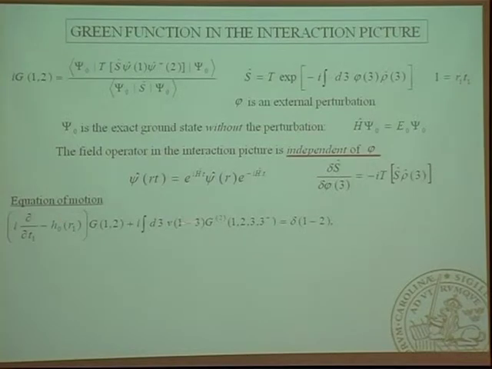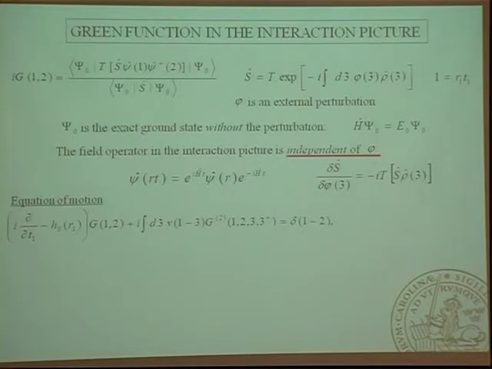And in doing so, one finds that the Coulomb interaction, which consists of four field operators, will generate two-particle Green's functions. And as you probably already know, if you try to write equations for the two-particle Green's functions, then you will end up with three-particle Green's functions and so on.